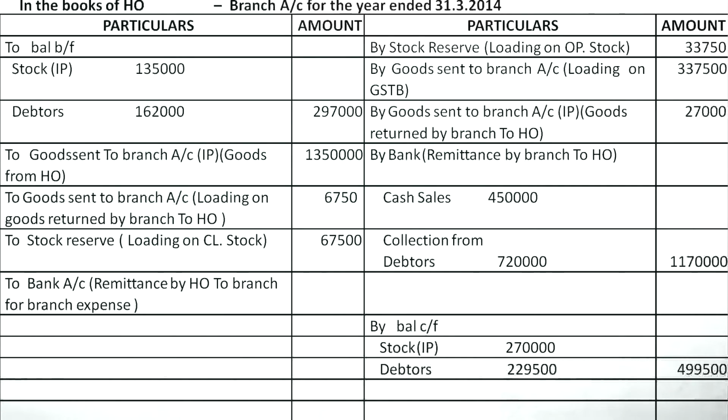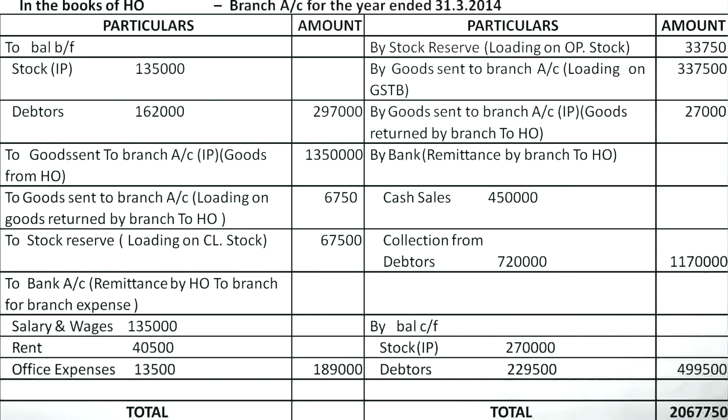So I can say that remittance by HO to branch for branch expenses will be debited to branch account. In simple language, journal entry of this transaction will be branch account debit to HO's bank account 1,89,000, means salary and wages 1,35,000, rent 40,500, office expenses 13,500.